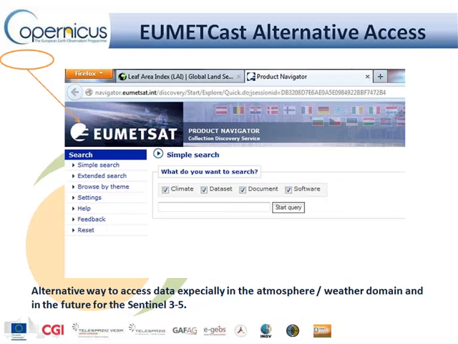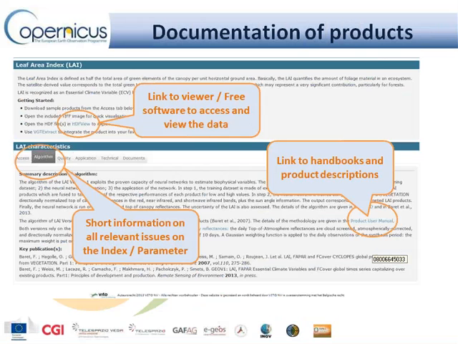This here via EUMETSAT is the alternative way to use. This is the home page here where you can introduce, besides the global land Copernicus site. What you can get usually is, besides the way how to link to the viewer and how to access the data and how to extract the data, in this special case some very important information on the algorithm for every one of these global land products.